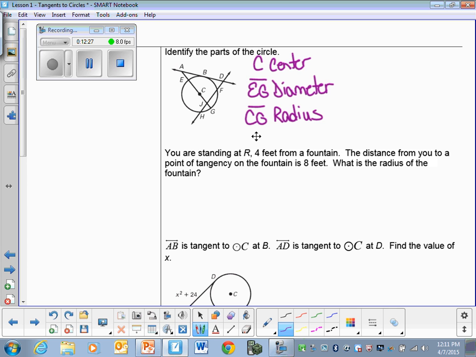You have a chord, FH. Okay, we have a tangent line, line AD, or line AB is tangent. You have a secant, FH.